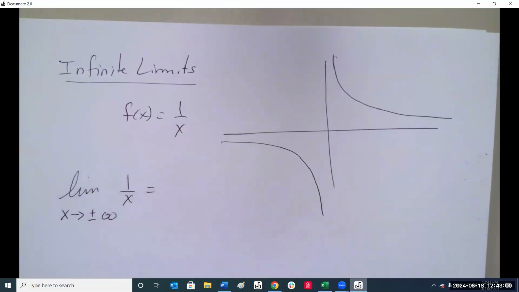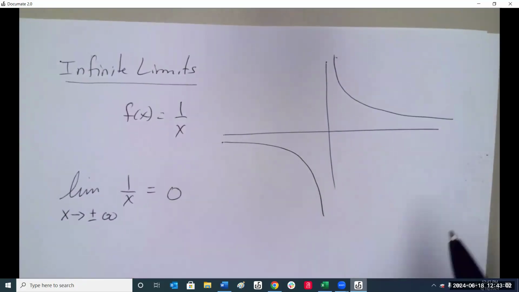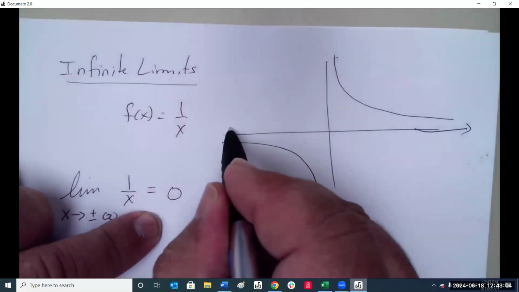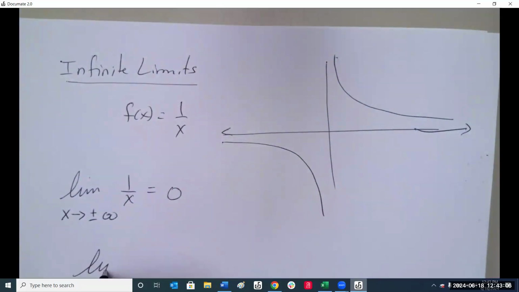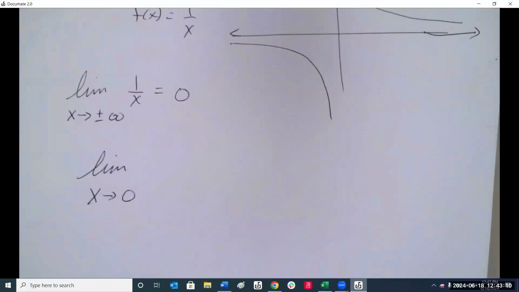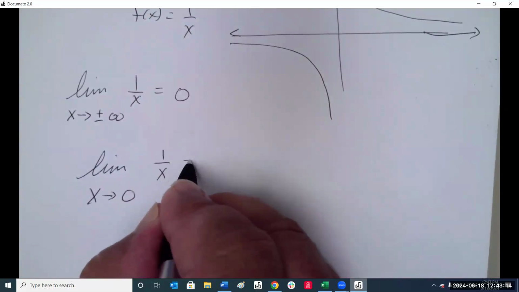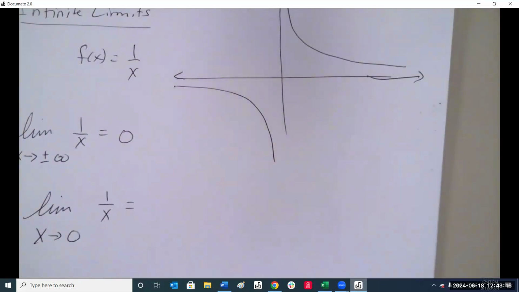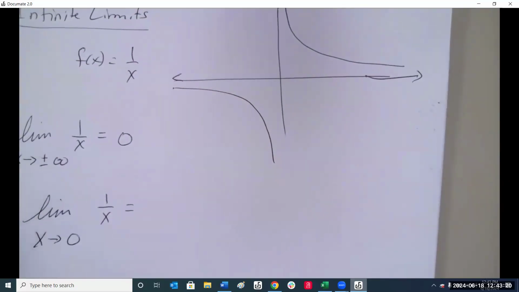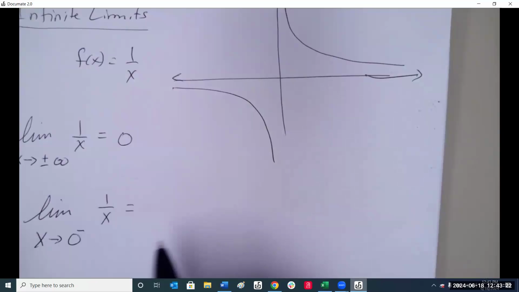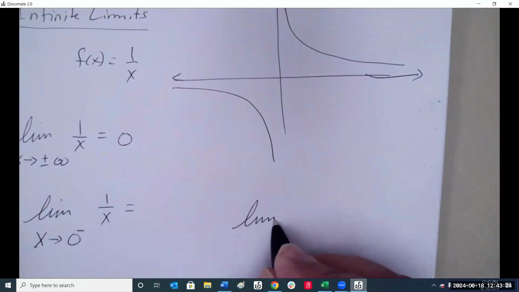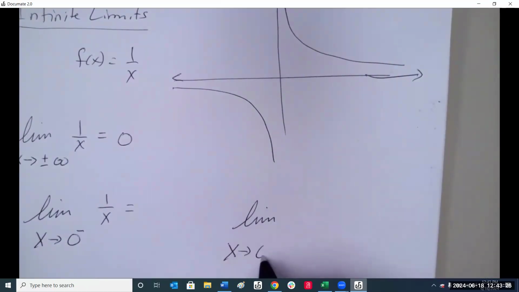What is this? 0. Because we're going that way. Well, what if we're going to 0 for this function? We have to look at it from 0 from the left, and we have to look at it from 0 from the right.